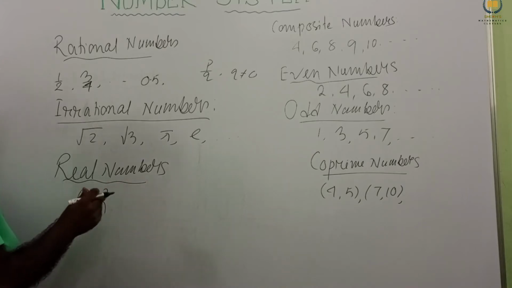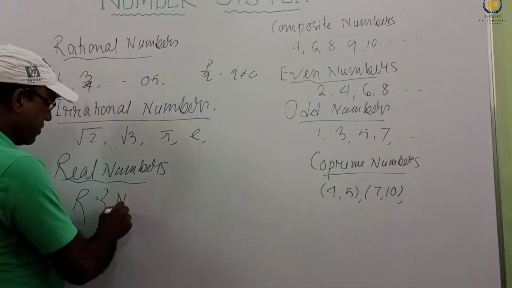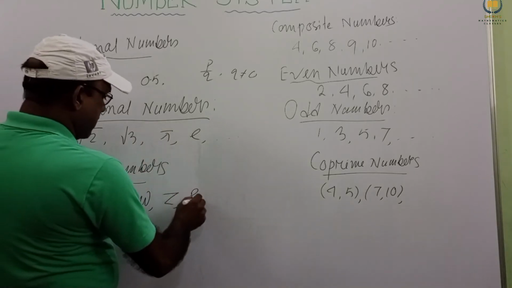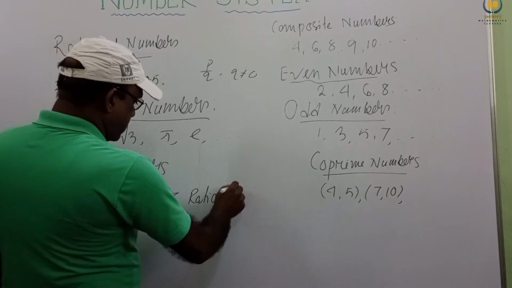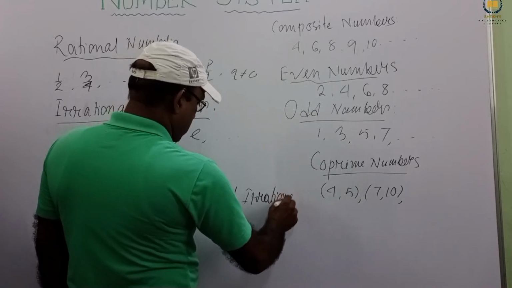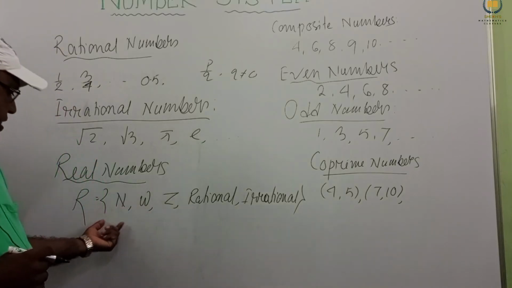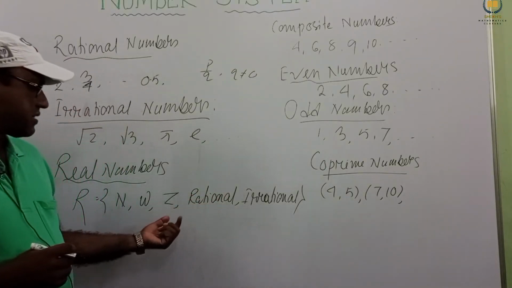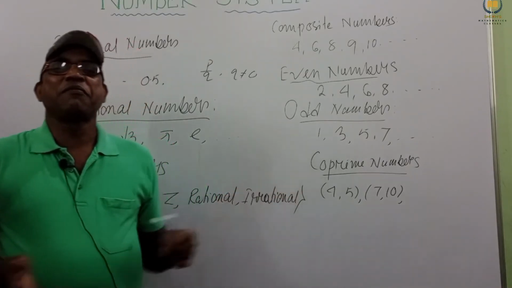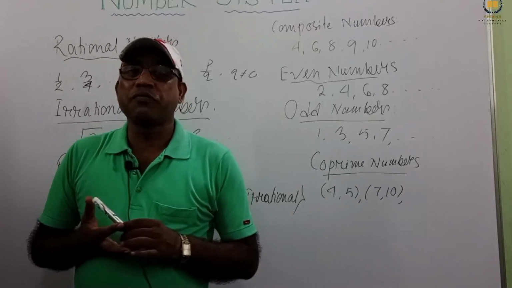That means natural numbers, whole numbers, integers, rational, irrational, all of these are family members of real numbers. So real number is the universal set. All of these are subsets of real numbers.